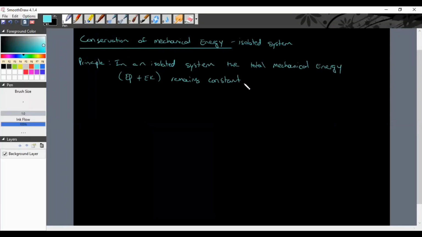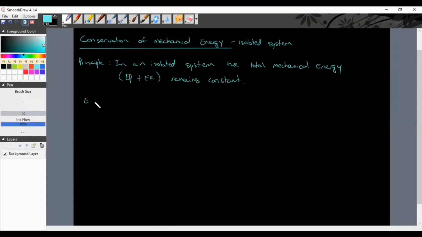All right, so this pertains to objects such as when an object is in free fall.